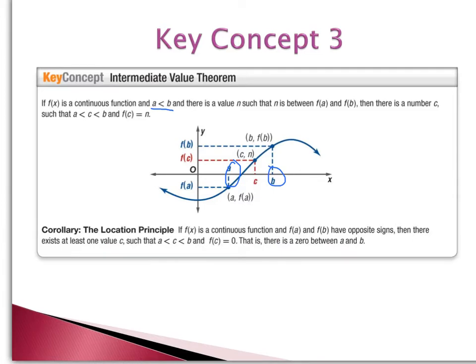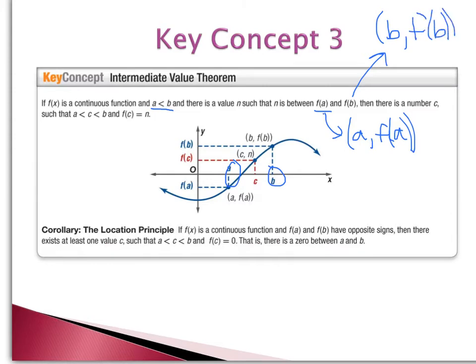If a is less than b, and there is a value n such that n is between f of a, so this is our y-coordinate paired, so if we had a as our x value, f of a is our y-coordinate, and f of b is our y-coordinate when b is our x-coordinate, then there is a number c such that c is greater than a but less than b, and f of c is equal to n.